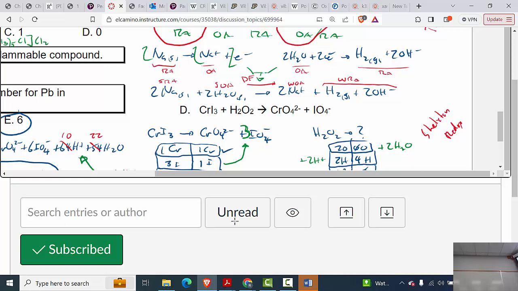Some people did that, but they oxidized the iodide to iodine, I2, but there's no iodine in this. This is iodate. So we're going from iodide -1 to iodate. In fact, this is not iodate. You know what that is? Iodate is IO3-. IO4- is called periodate.